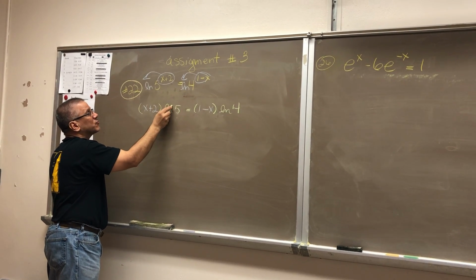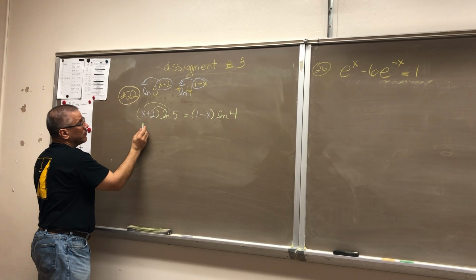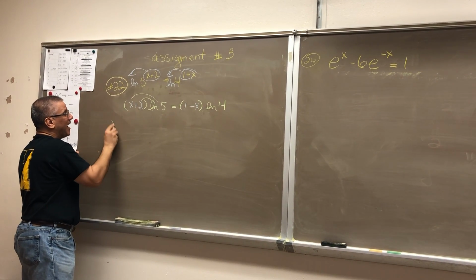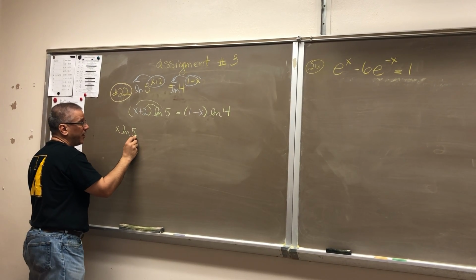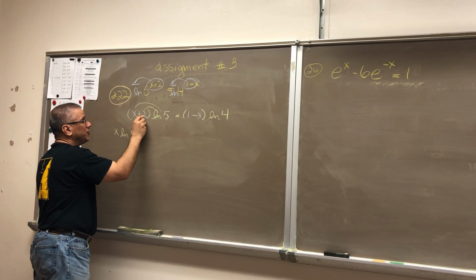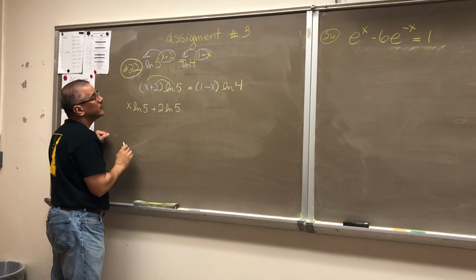All we're going to do is distribute to each of those. When we distribute, we write it as x ln of 5. So it's saying x times the ln of 5, plus 2 times the ln of 5.